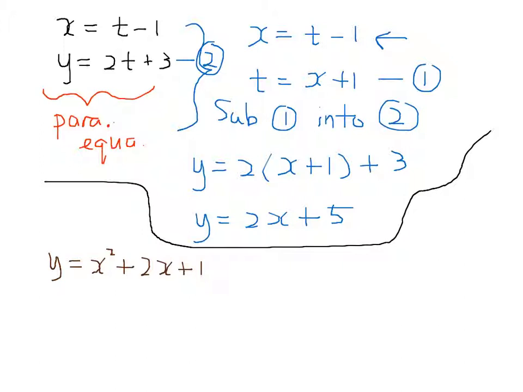Now, how do we express it in parametric equations, in the parametric form, that is? Now note that the right hand side of the equation really can be factorized as follows. It could be factorized as x plus 1 squared, right? So this really is x plus 1 squared.